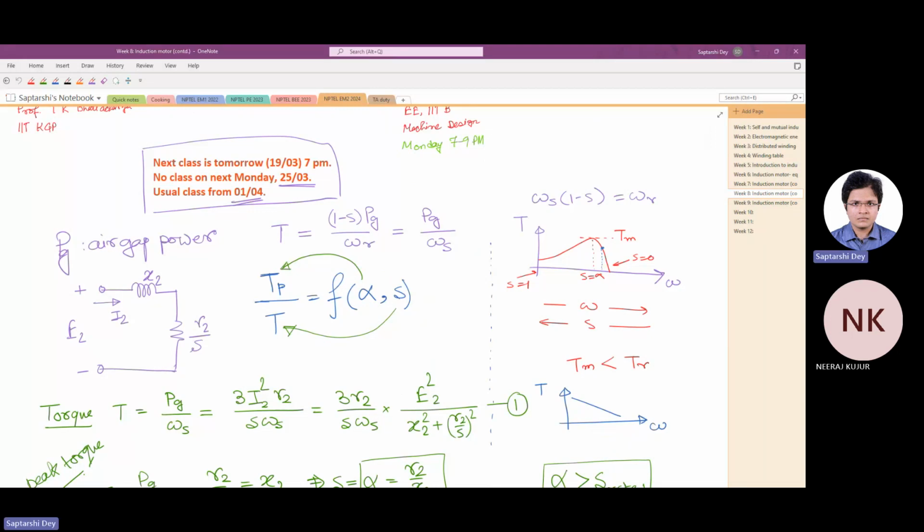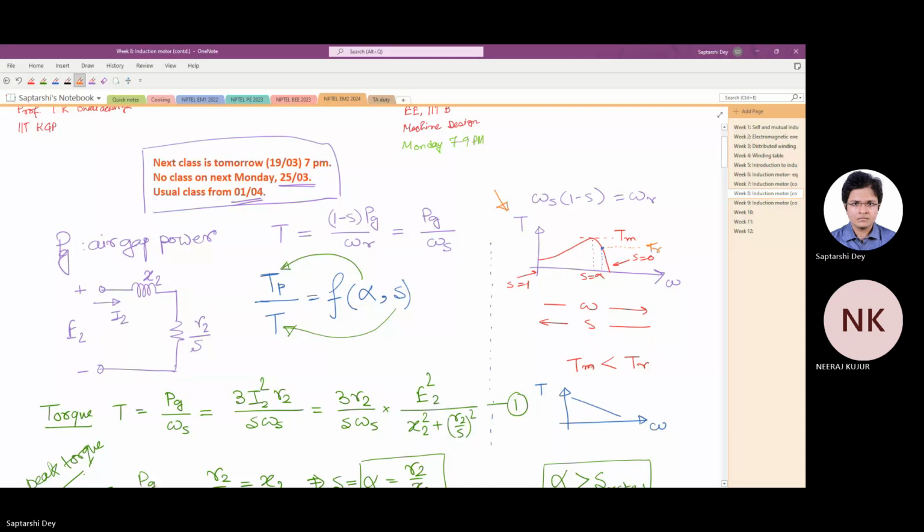If you look at this graph here towards your right hand side, the maximum torque that the induction motor can provide is much higher than its rated torque. Okay, so if say Tm is here, say TL is here, load torque, rated torque, sorry, not load torque.